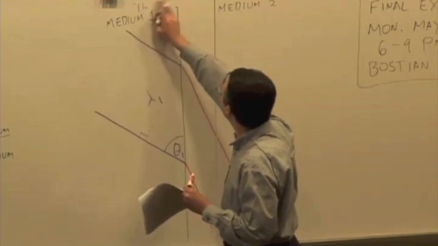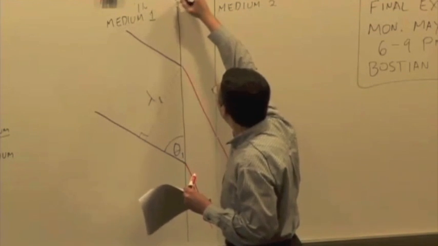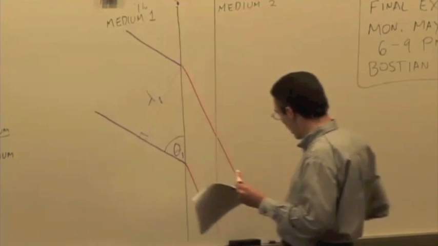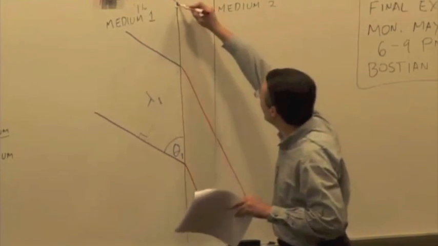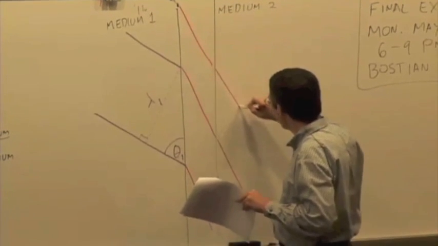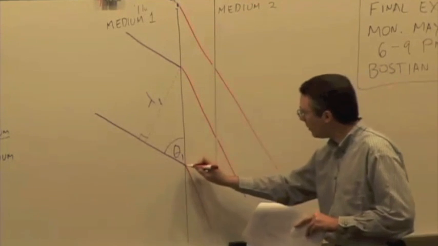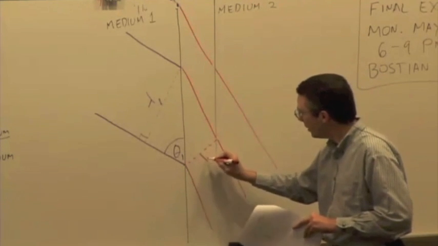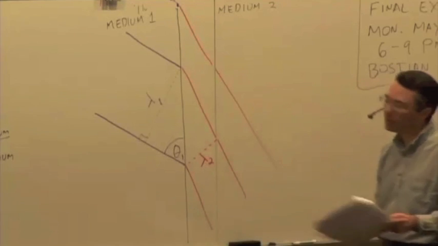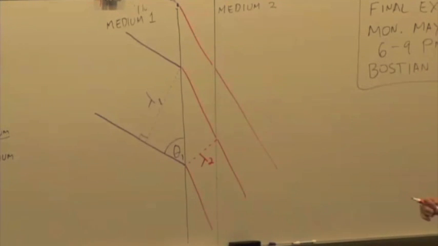Try to draw a wavefront way up here, about the same distance away, and another wavefront here. This perpendicular distance is the wavelength in the second medium, so I'll call that lambda 2.